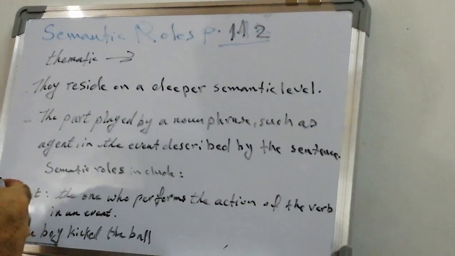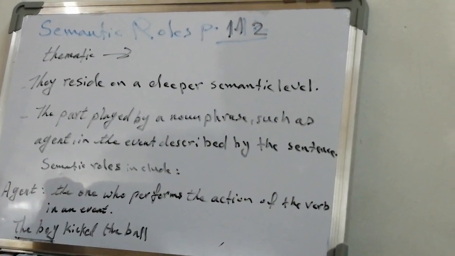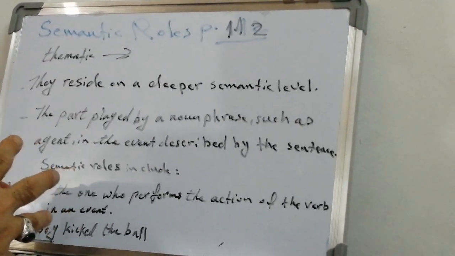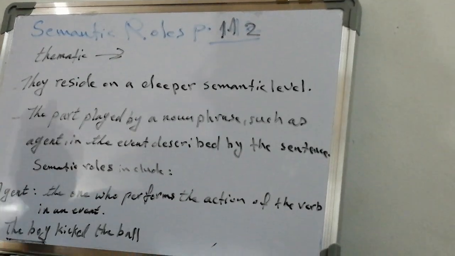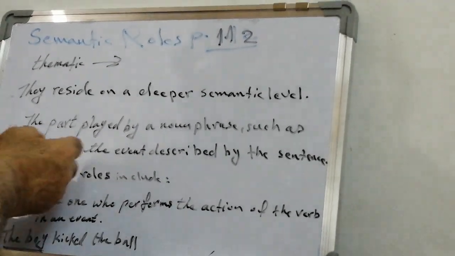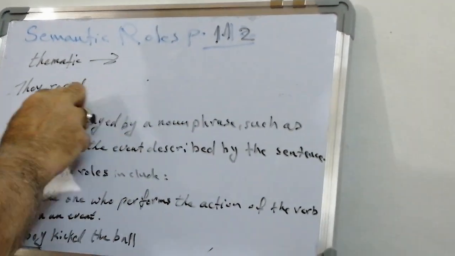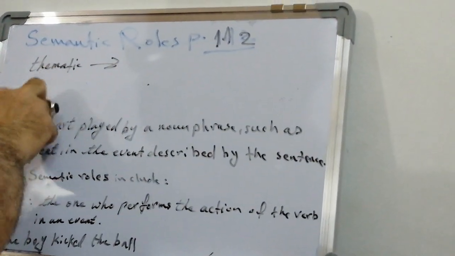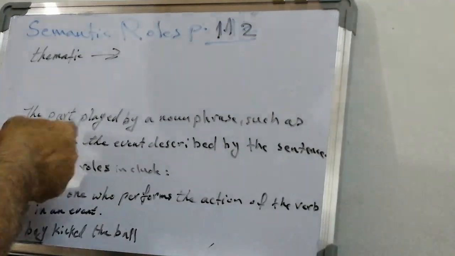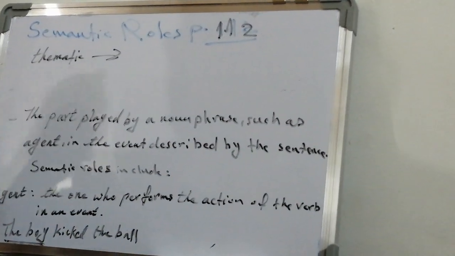Now, here I have a definition of semantic roles. Now, what do we mean by semantic roles? Actually, this is one, and here there is another definition. I'm going to write it in addition to this one. What does this say?